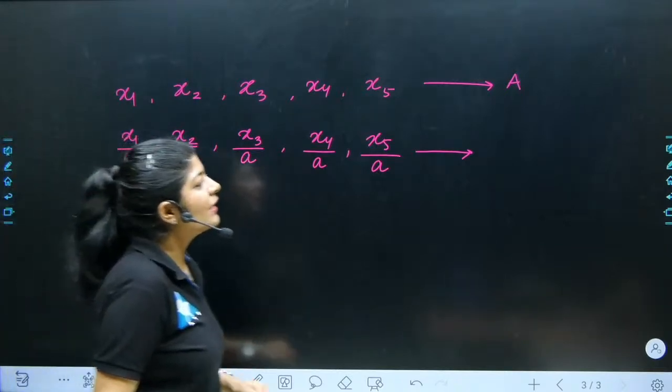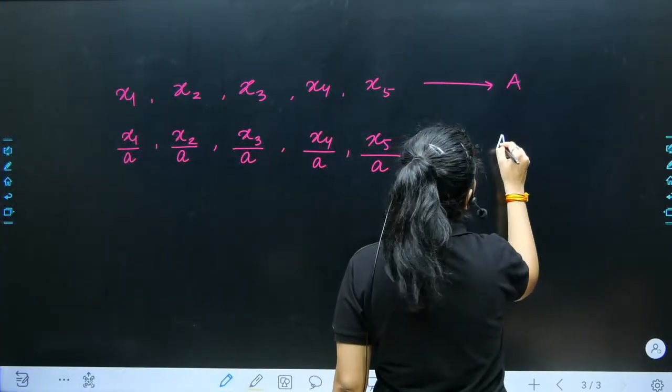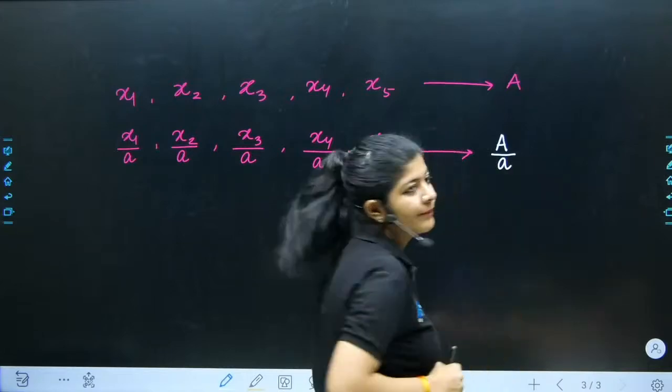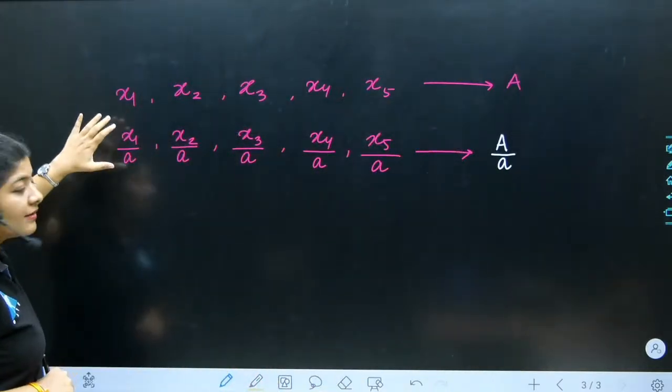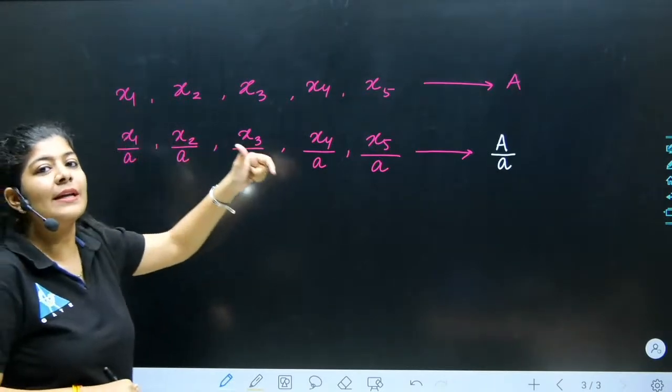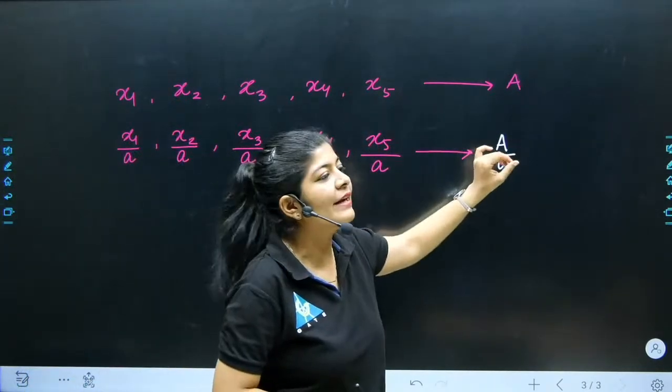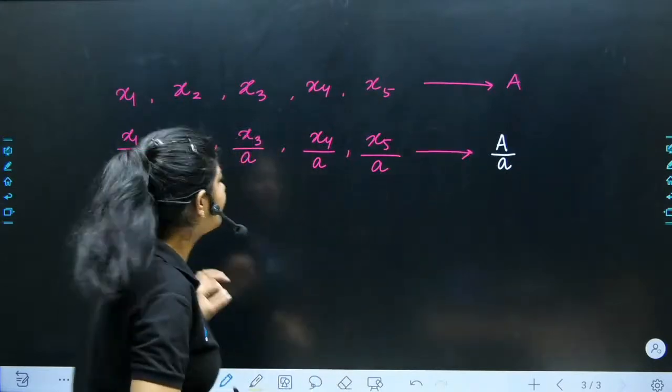Okay, my new average will become capital A divided by small a. If I divide each term by the same number, then the average is also divided by that same number.